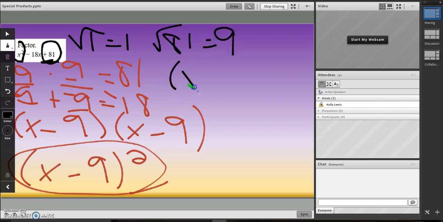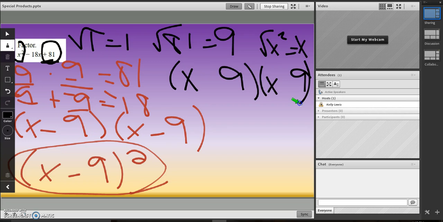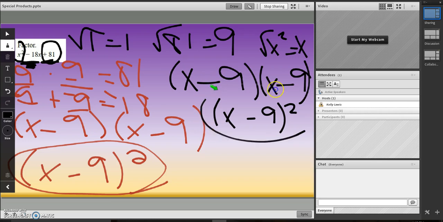So we're going to write x, because the square root of x squared is x, because x times x is x squared. And then we have a 9, and then x, and we have a 9. We need a negative 18, and the only way to get a negative 18 is for a negative 9. So they're the exact same thing. So we're going to do x minus 9 squared.